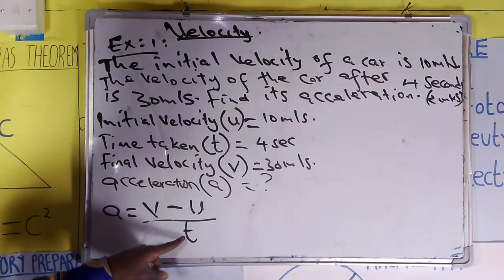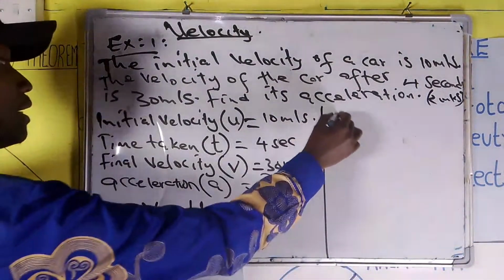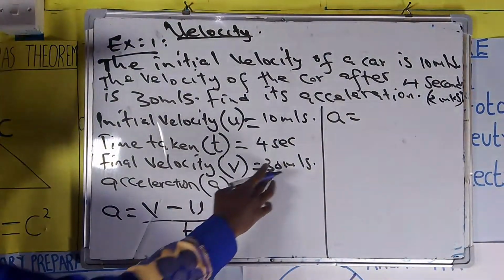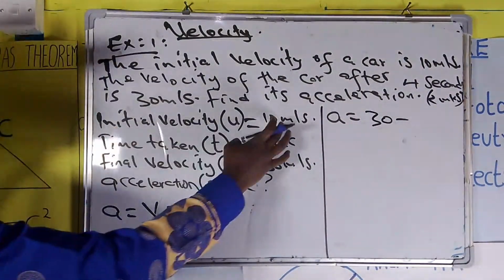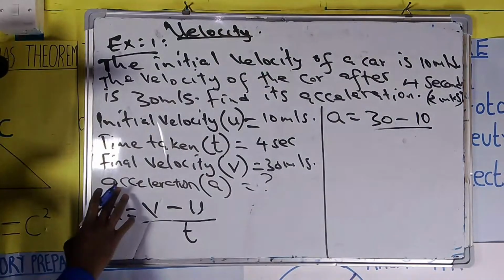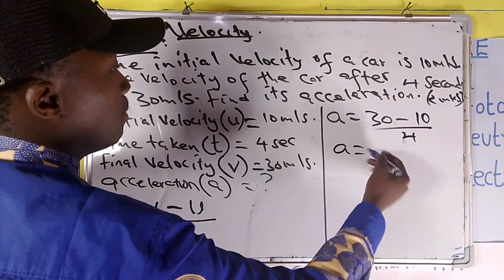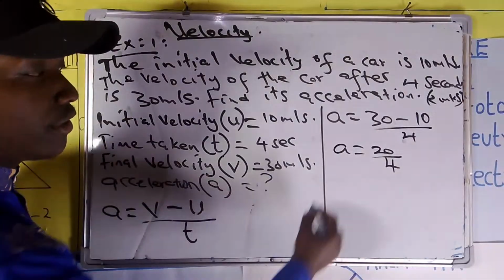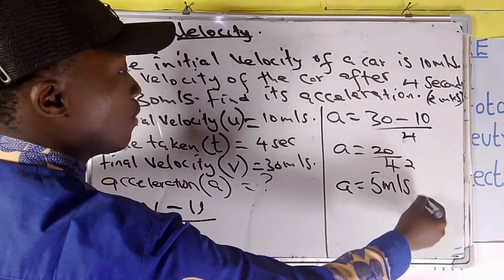So in this case, our v is 30, our initial velocity is 10, and our time taken is 4 seconds. So a will be 30 minus 10 is 20, and 20 divided by 4 is 5. So our acceleration will be equal to 5 meters per second squared.